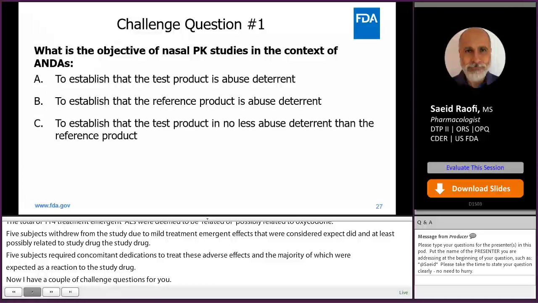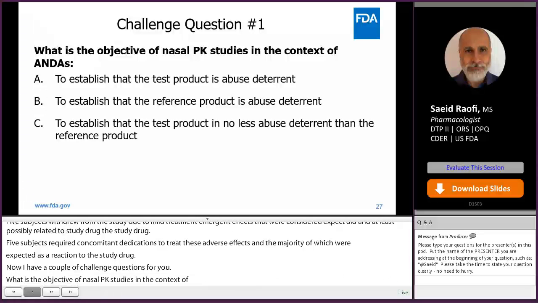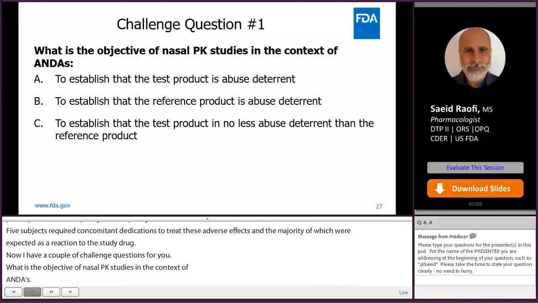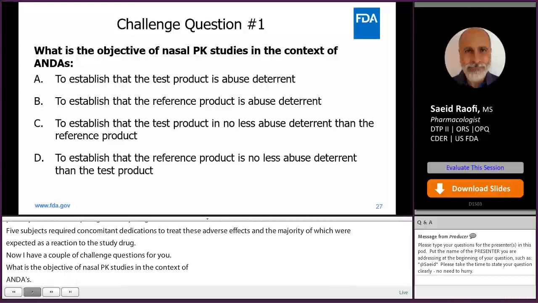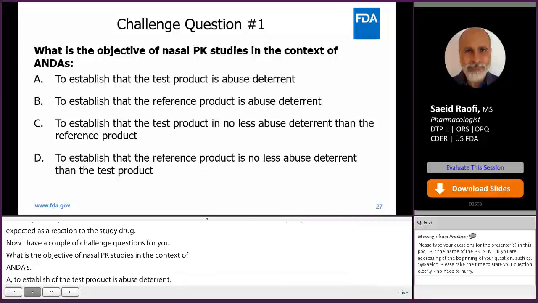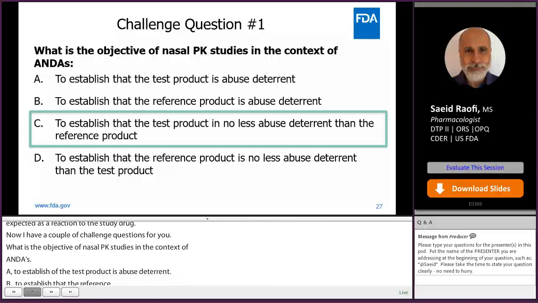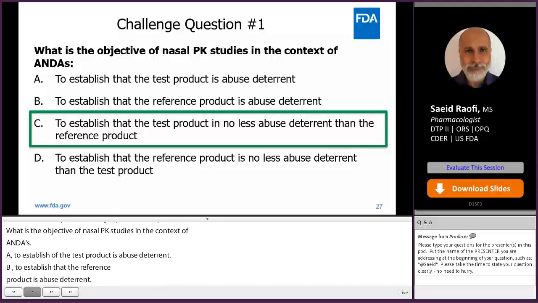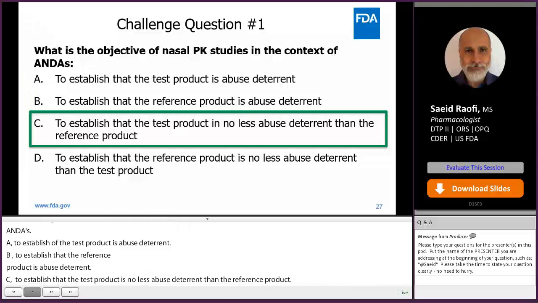C. To establish that the test product is no less abuse deterrent than the reference product. D. To establish that the reference product is no less abuse deterrent than the test product. The correct answer is C. To establish that the test product is no less abuse deterrent than the reference product.